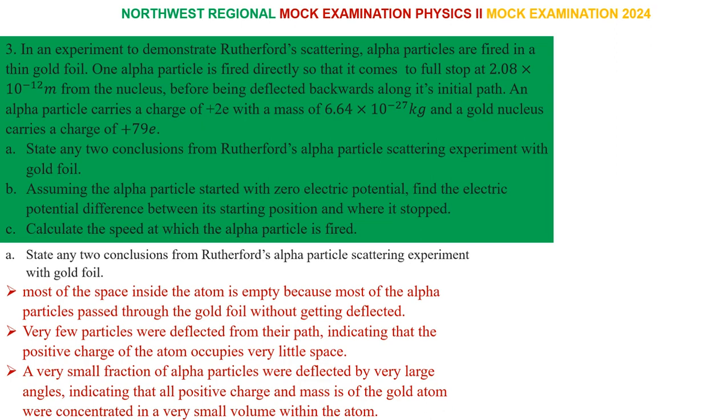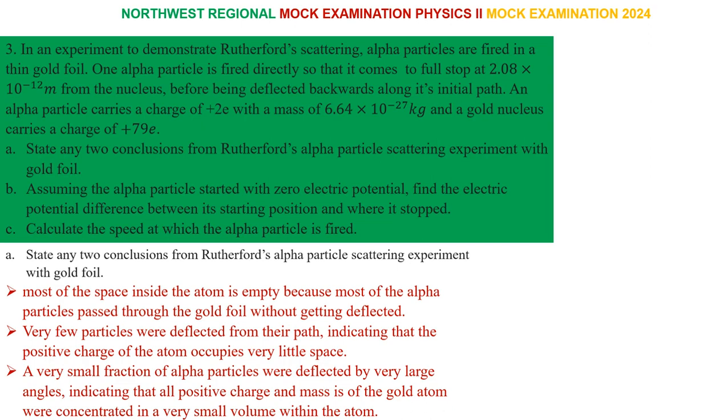The next observation, so you can choose any two of these: a very small fraction of alpha particles were deflected by very large angles, indicating that all the positive charge and mass of the gold atom were concentrated in a very small volume within the atom. So those are the observations that were made, and these are the conclusions that were drawn by Rutherford for this experiment.